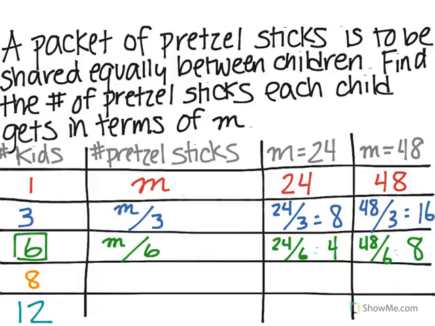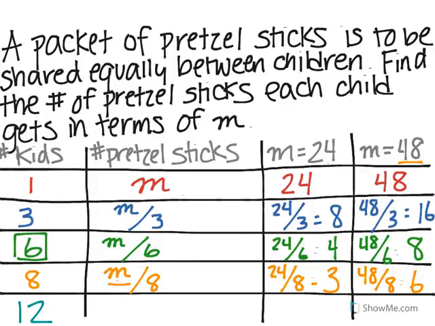What about when there are 8 kids? There are m pretzel sticks divided by 8 kids. Let's substitute 24 in for m. 3 sticks each. And when we substitute 48 in for m, is 6 sticks each.